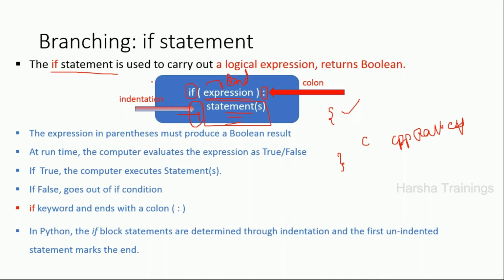Now, whatever expression is there in the parentheses must produce a Boolean result. Boolean means it always returns either true or false. If it is true, I will execute all the statements. If this expression returns false, then I will not execute the statements and simply come out of this if statement.